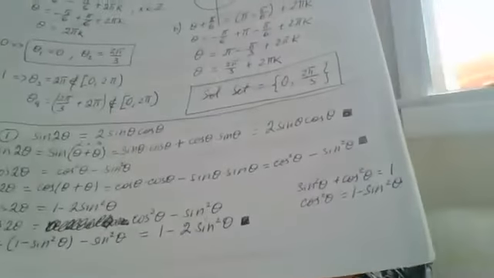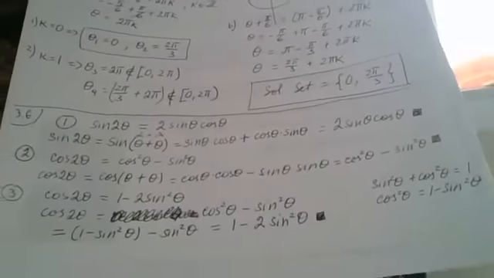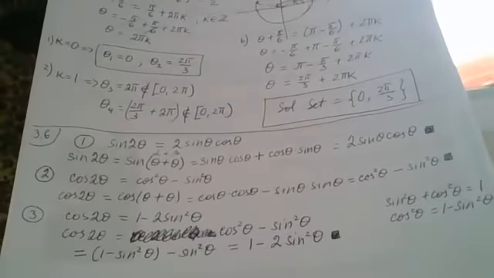Is it the same thing here? Only instead of a, we will be using sine squared theta. And what do you get? 1 minus 2 sine squared theta. Exactly, I wrote it down. And did we prove it? Yes, we did. So this book was not kidding.